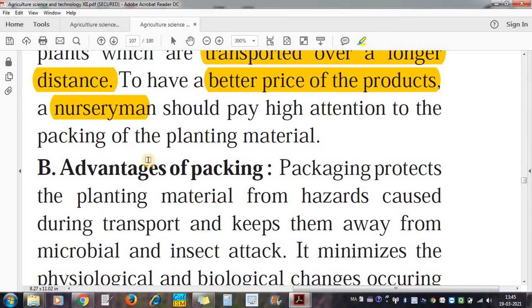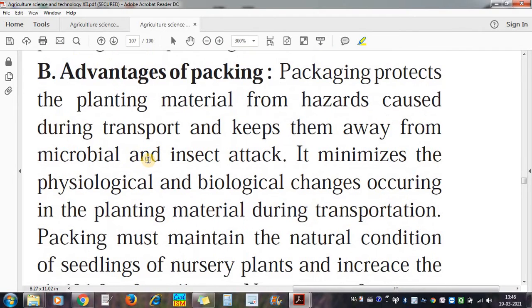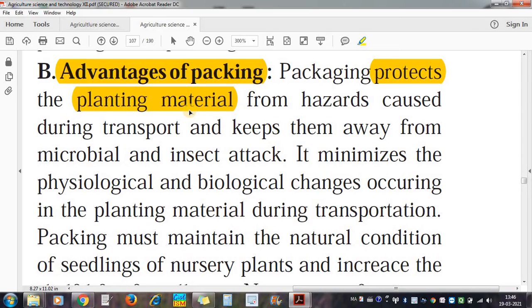Packing materials nowadays are available in plenty of kinds. Now, the advantages of packing. Packing protects the planting material, meaning the seedlings we have grown, from various kinds of hazards which may occur during transport.